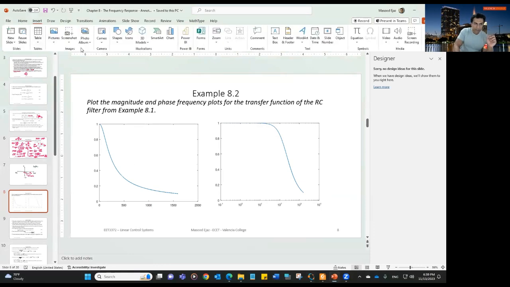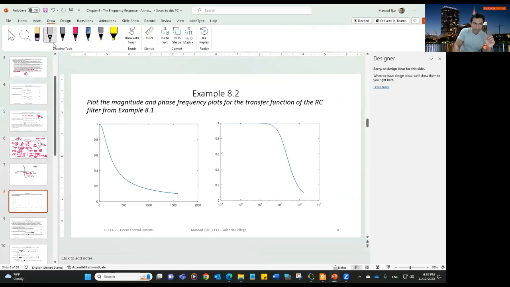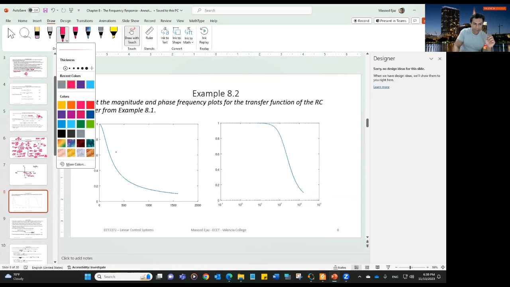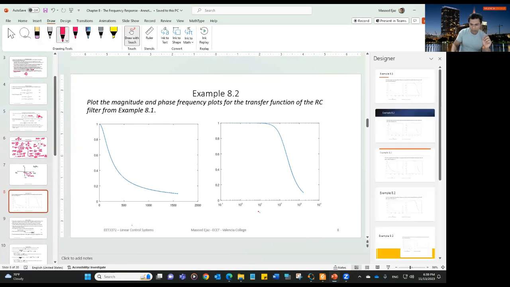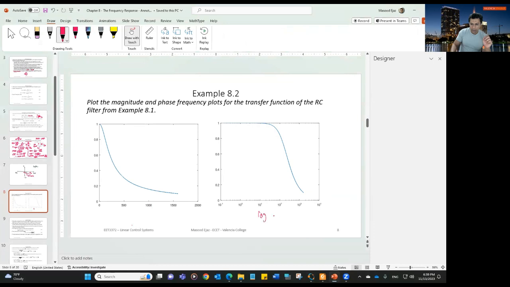Let's write this down quickly. Log axis, f in log axis.